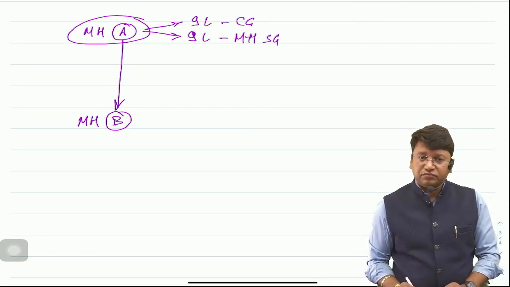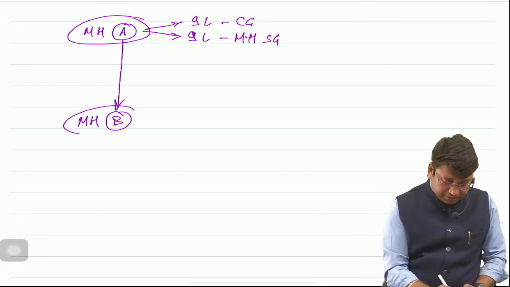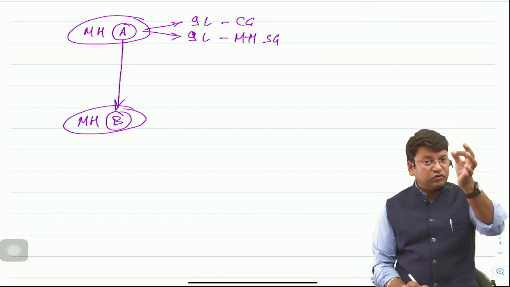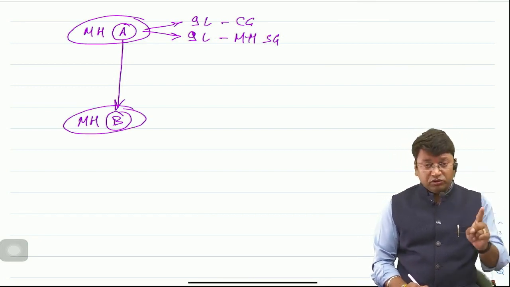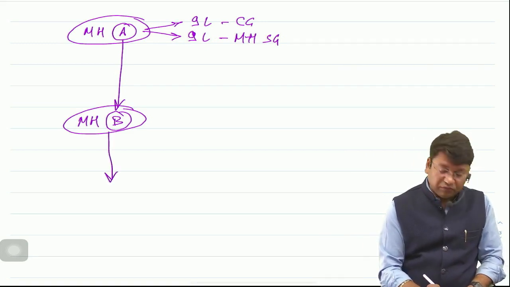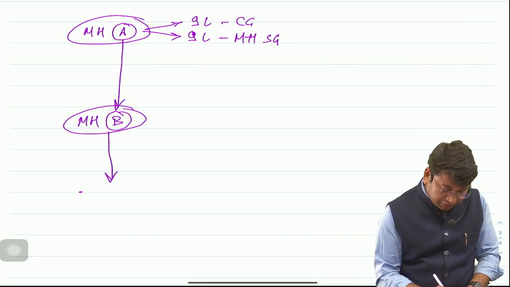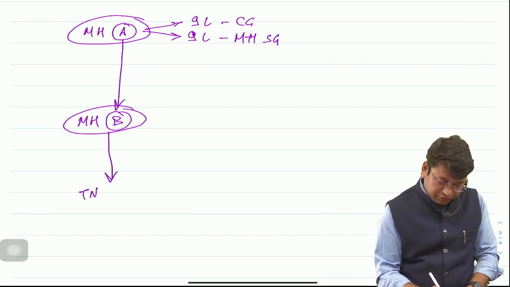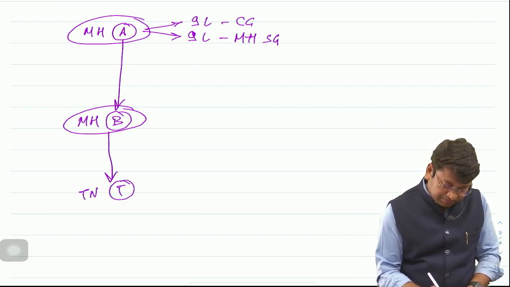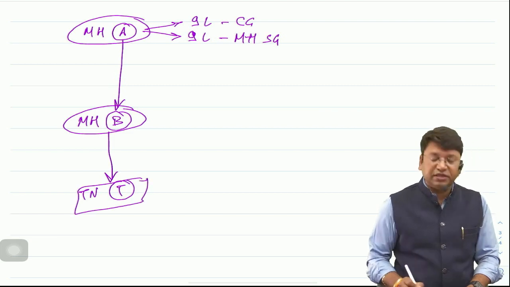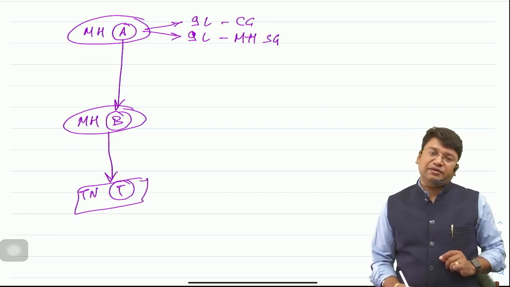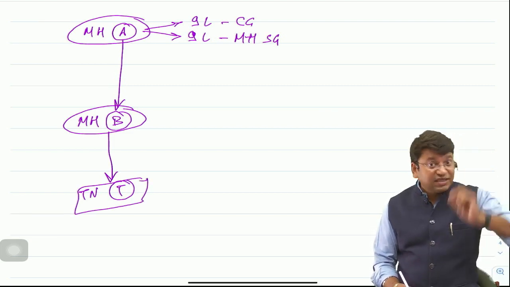Okay, sir. Now this Mr. B has purchased the goods from Mr. A. Suppose this Mr. B has sold the goods from Maharashtra to Tamil Nadu, to Mr. T. Mr. T of Tamil Nadu is the buyer. This is an interstate supply.